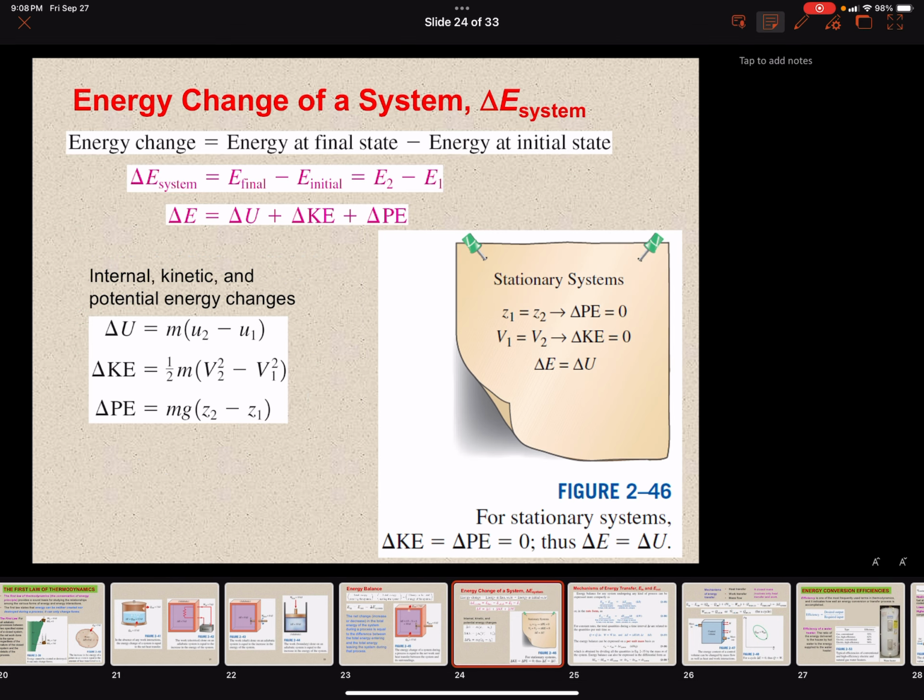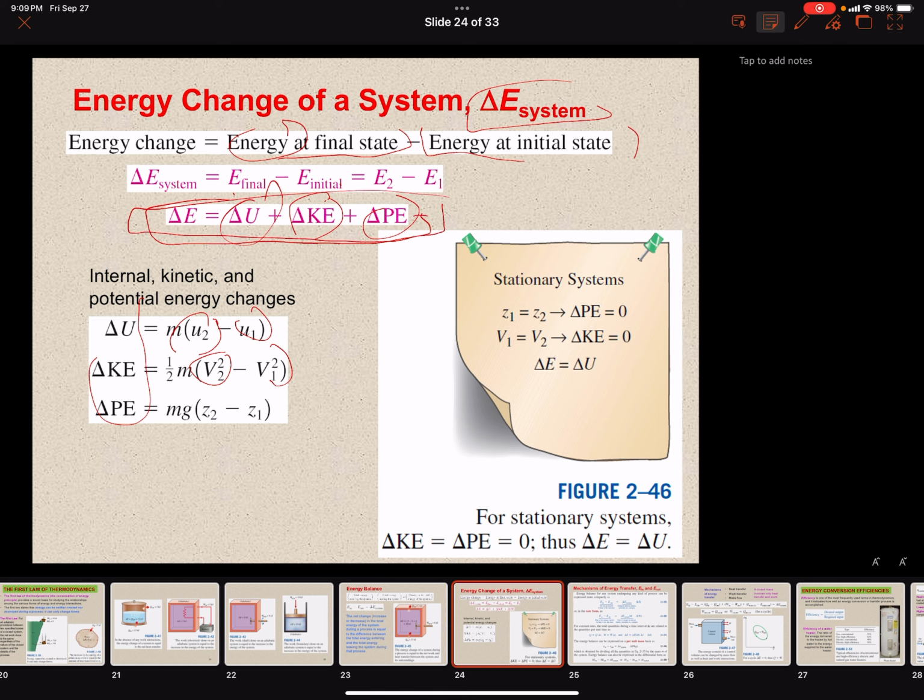Here's again the equation, like how they converted to this form. So again, the energy change of the system, delta E, will be the energy at the final state minus the energy at the initial state, so the total energy, which is E. So if we have this equation and we have final minus initial, we can say delta U, which is the internal energy, and delta kinetic energy, delta potential energy, and each delta means final minus initial, so we can come up with this form.